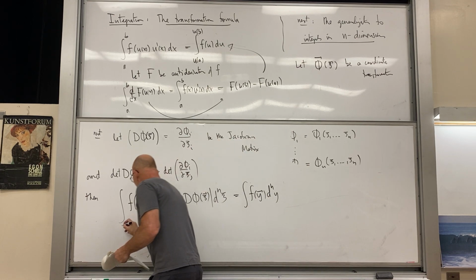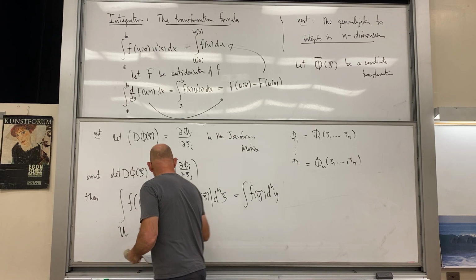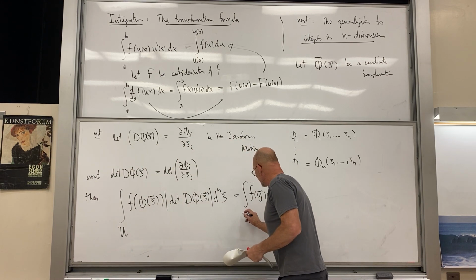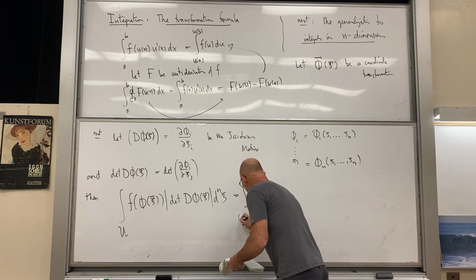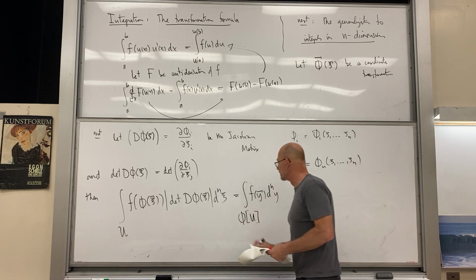So if this is, I'm going to call this capital U, this is a region of n space, and this is its mapping, phi of U. Okay.